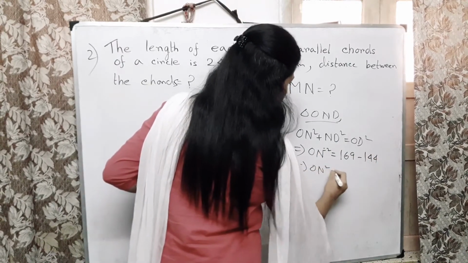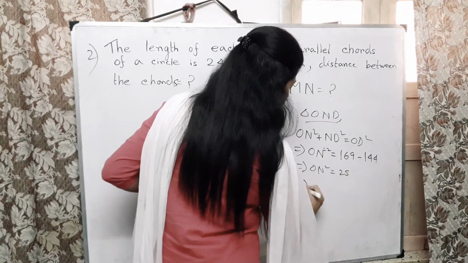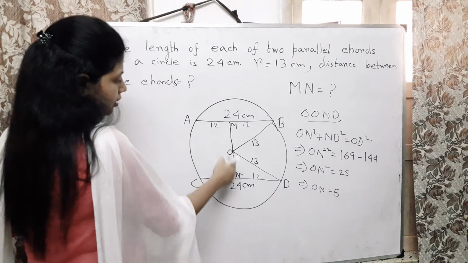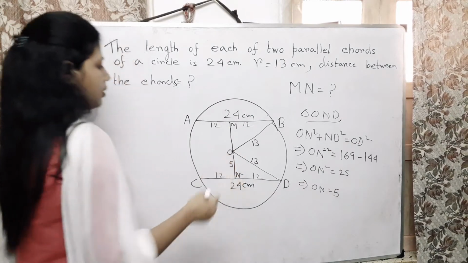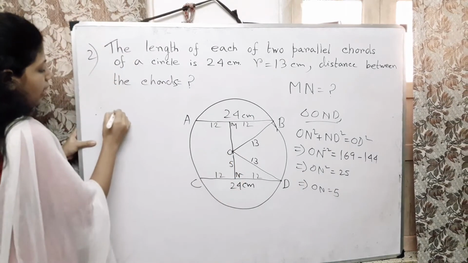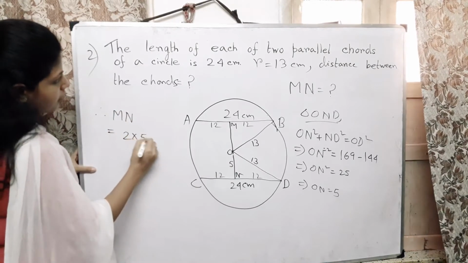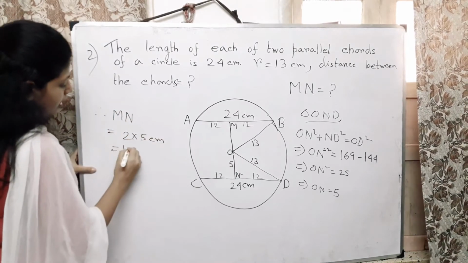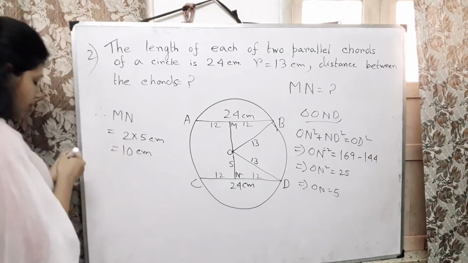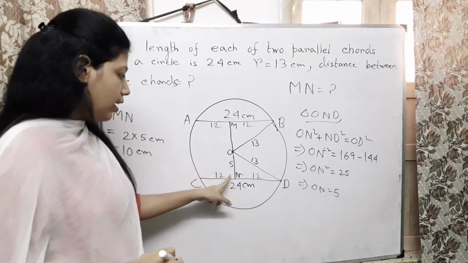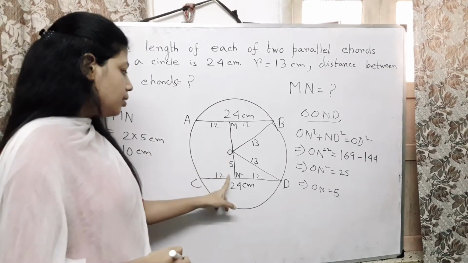So ON square equals 25. ON equals 5. That means this distance is 5. Therefore MN is 2 into 5 centimeter, means 10 centimeter, because already I have told that OM equals ON. That's why it is 10 centimeter.